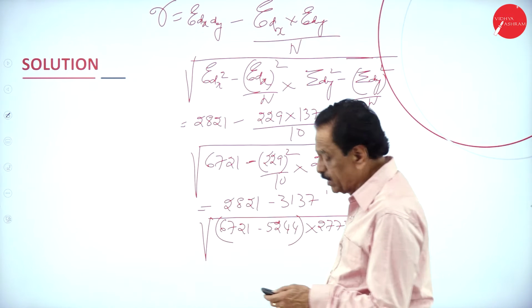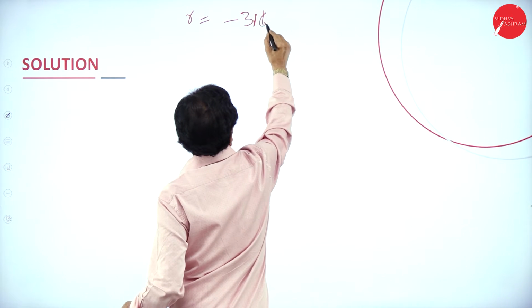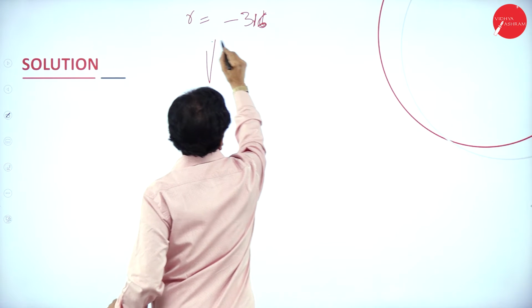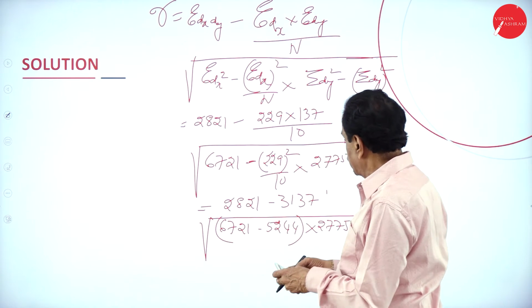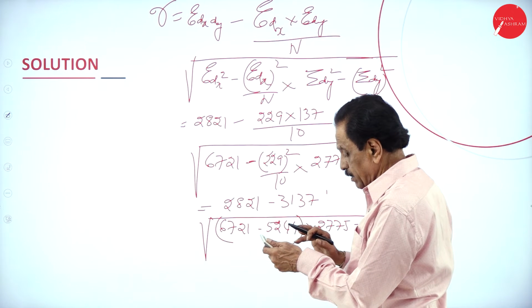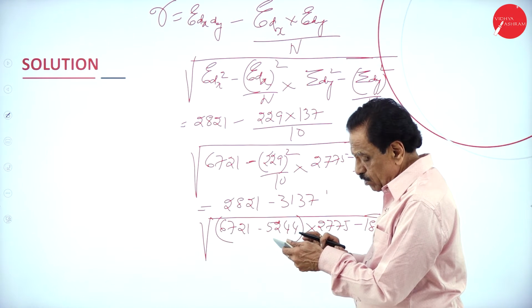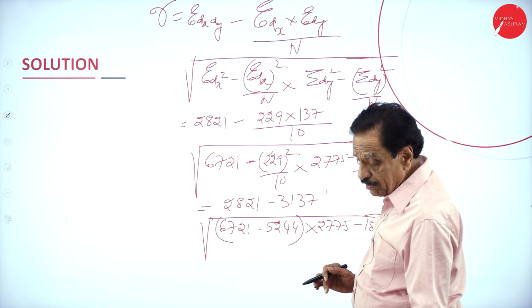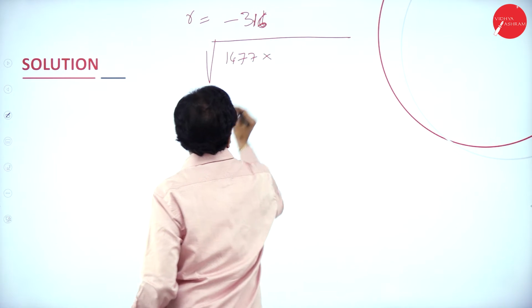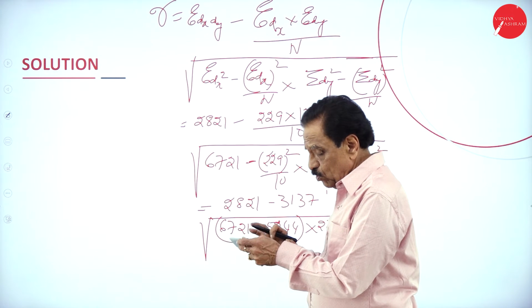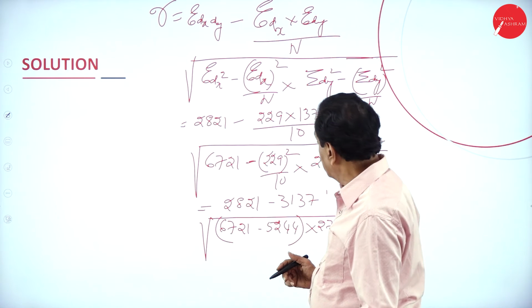2821 minus 3137 is minus 316. R is equal to minus 316 by root of 6721 minus 5244, 1477, into 2775 minus 1877, 898.